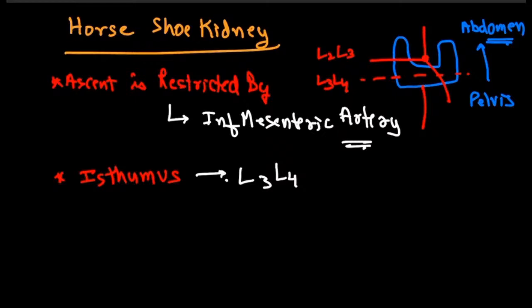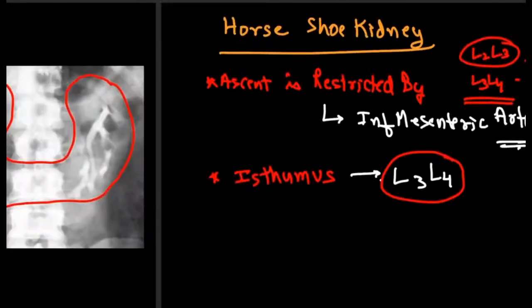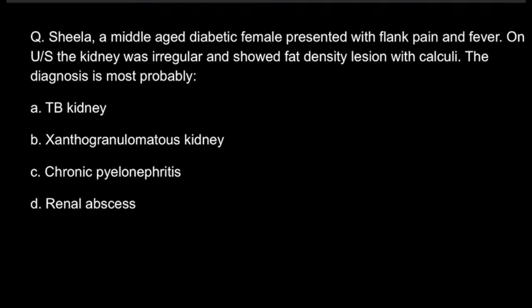This is something you need to accurately know, because in the options you will get L1, L2; L2, L3; L3, L4; L4, L5. So the answer is L3, L4. You got the reason why? Because the origin of the inferior mesenteric artery is at L2, L3, and that is the reason why the isthmus is lying at the level of L3, L4. These are a couple of points regarding the horseshoe kidney which are important for you guys. I hope you got this.